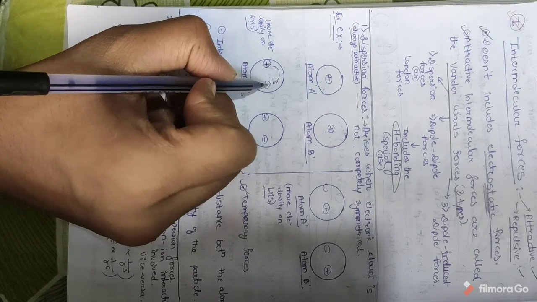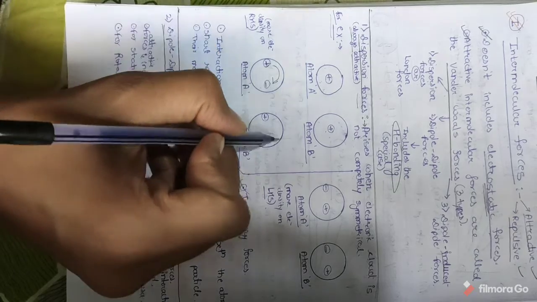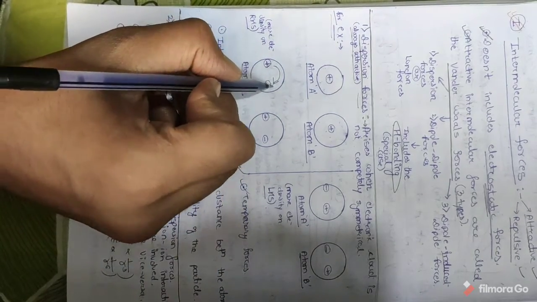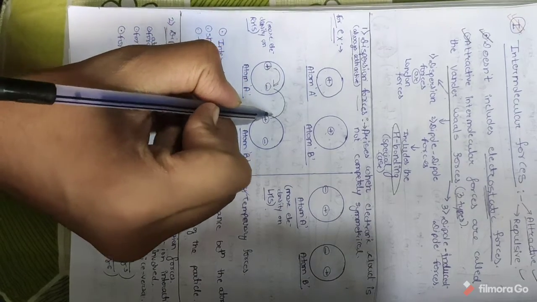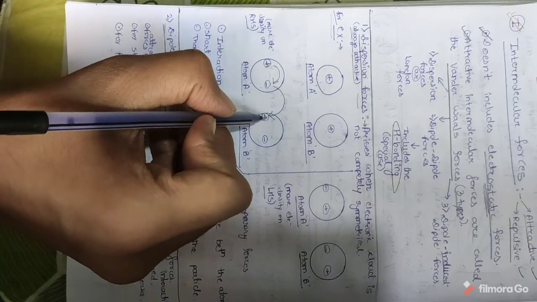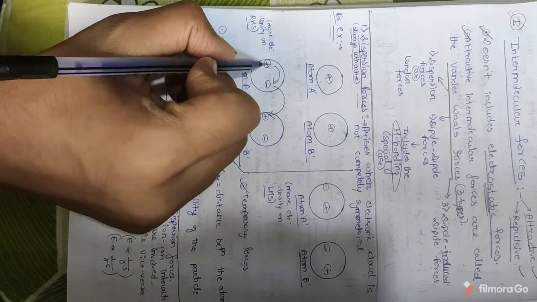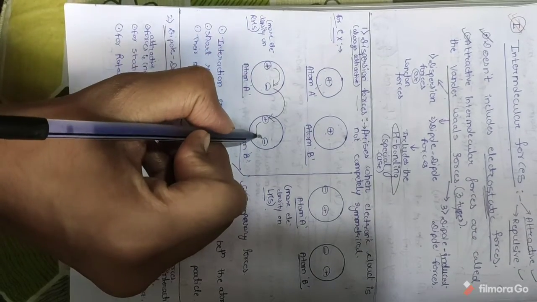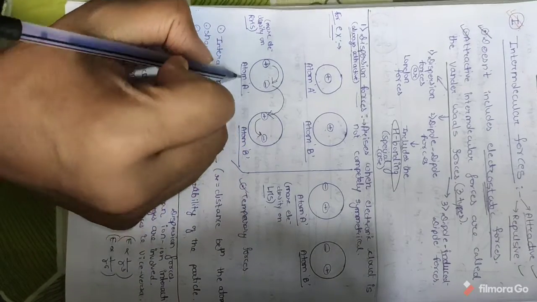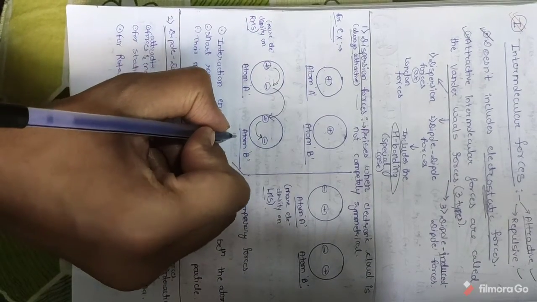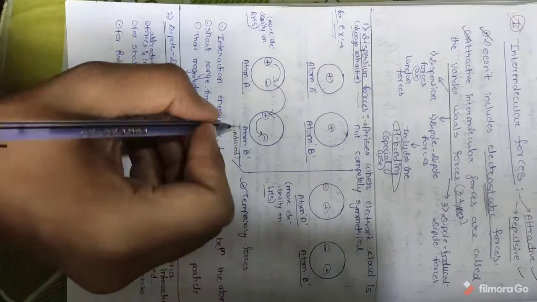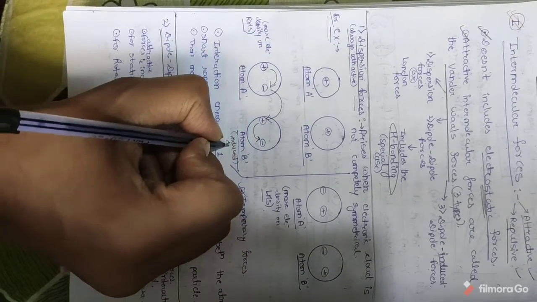Now due to this negative charge, the next atom in the surroundings will get induced, so it will reveal a positive charge in its surrounding. Similarly, a positive charge again gives a negative charge here. So due to atom A, atom B is having an induced dipole.